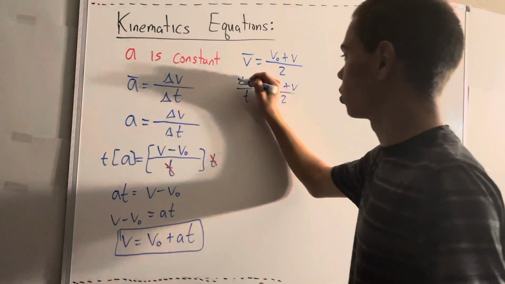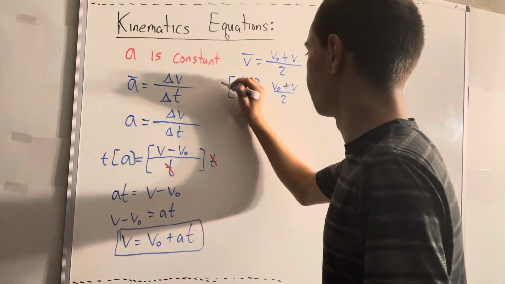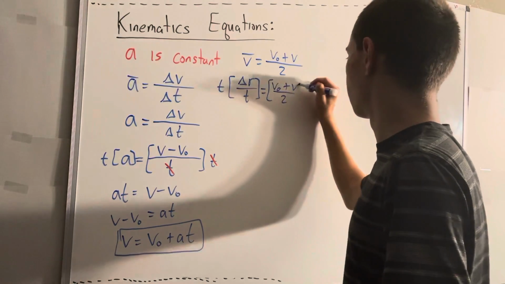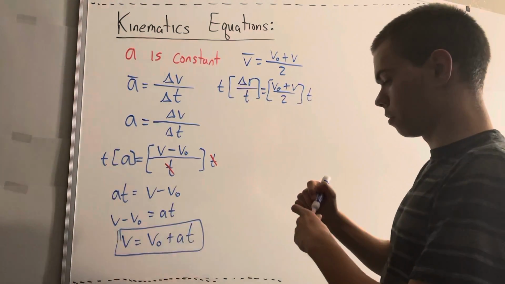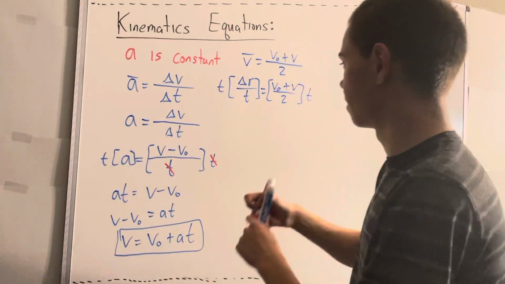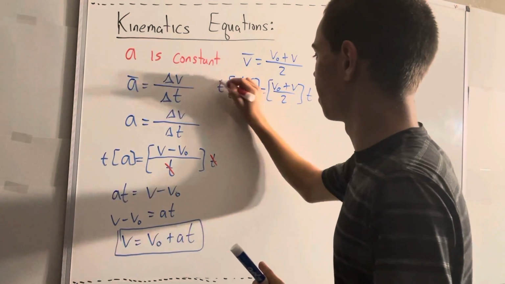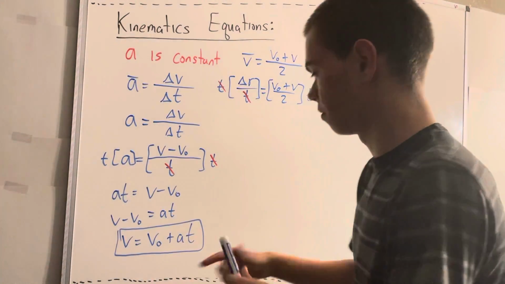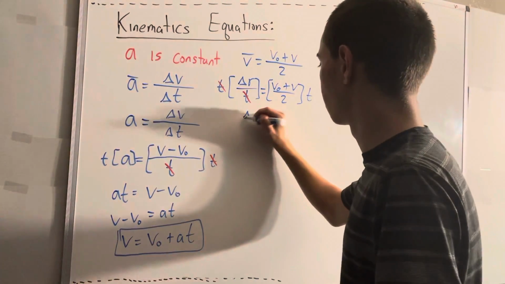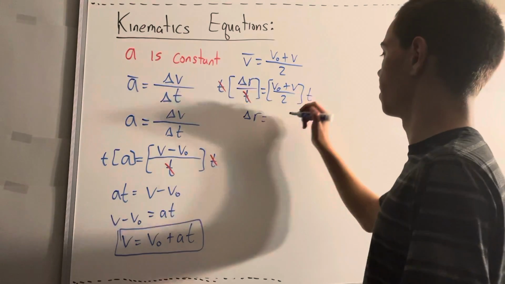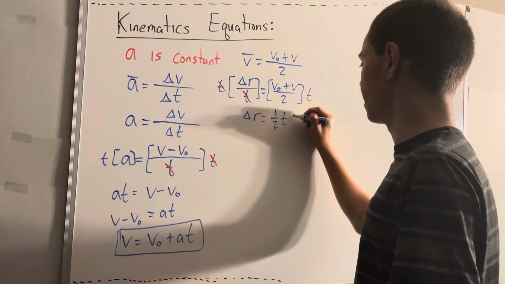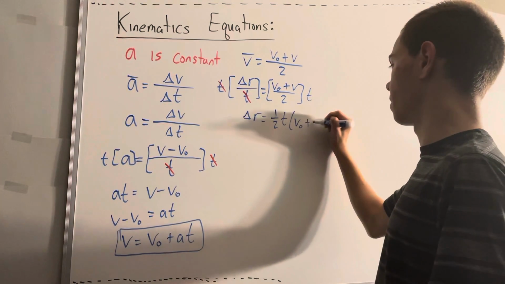So next we're just going to multiply t on both sides of the equation. And so what's going to happen is t will actually cancel out here, and we get that delta r is equal to 1/2 t times v sub 0 plus v.